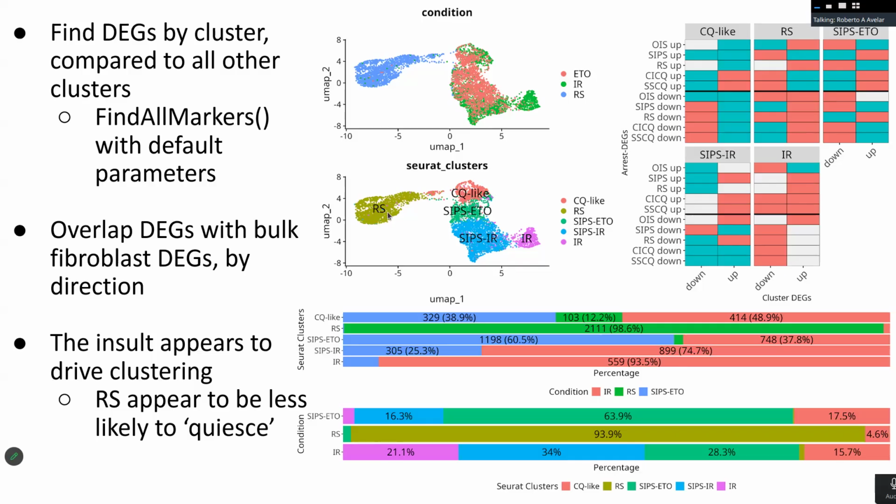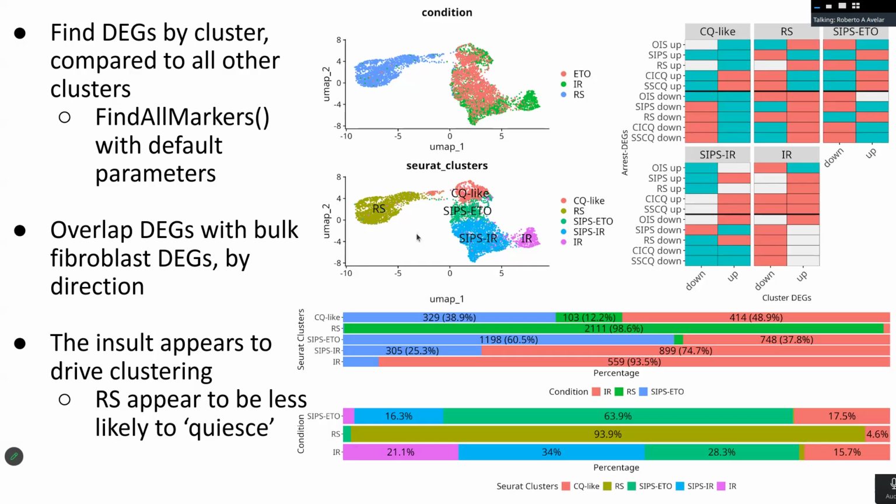So we find markers for each cluster compared to all other clusters. And then we overlap these markers with the bulk markers that we found before. And this is a bit different because the bulk differentially expressed genes were generated between arrested cells and proliferating controls, whereas these markers are being generated between different arrested states.